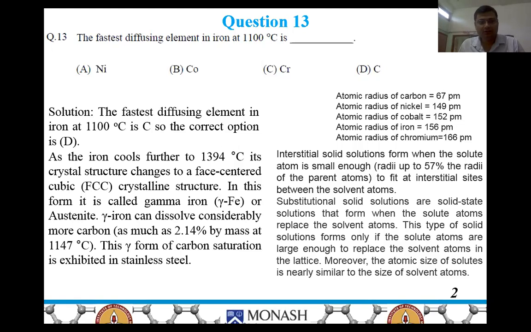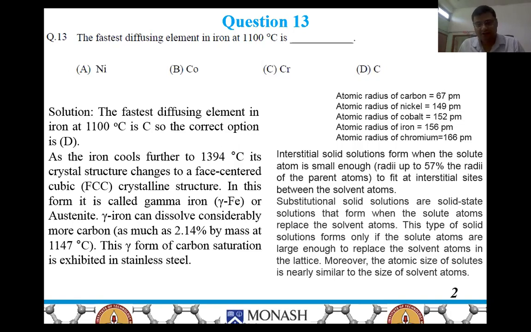It's because the atomic radius of carbon is about 67 picometer, that of nickel is 149 picometer, cobalt is 152 picometer, iron is 156 picometer, and chromium is about 166 picometer.